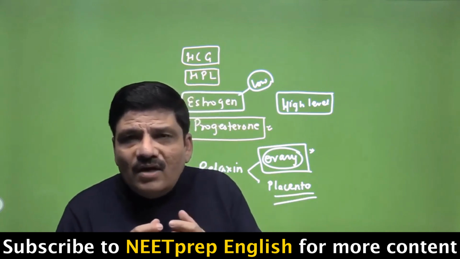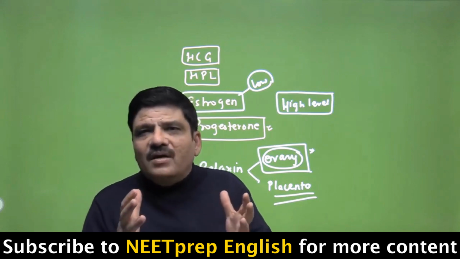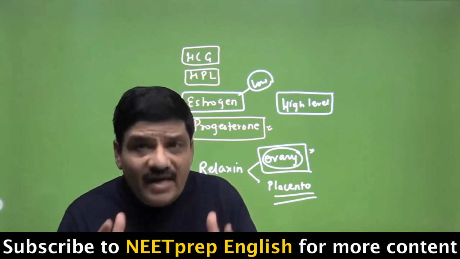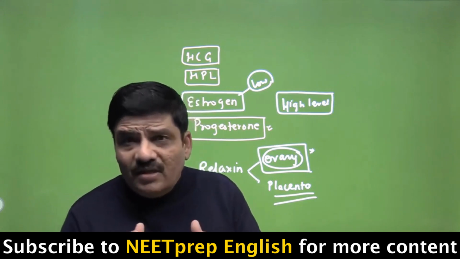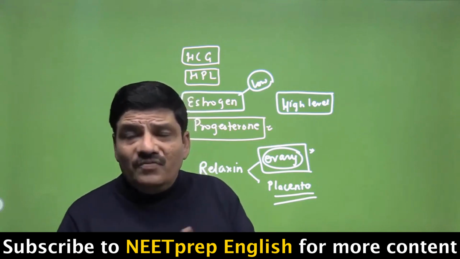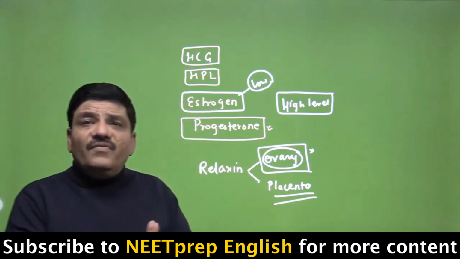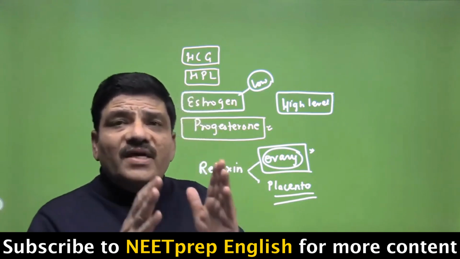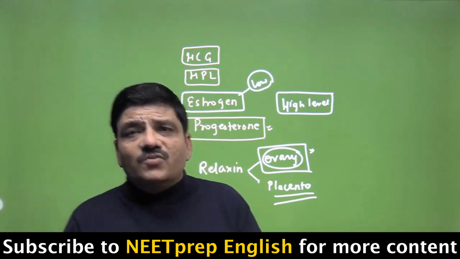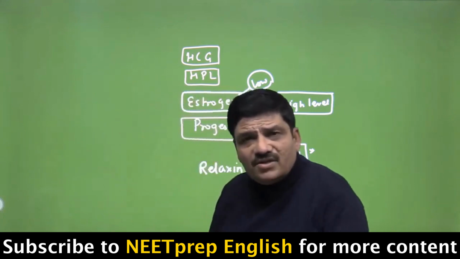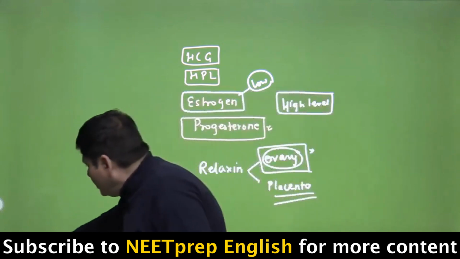And therefore the birth passage becomes more accommodating, and it will facilitate the process of parturition. That would be an important function of relaxin. But please remember, relaxin does have metabolic effects, and it especially affects the cardiovascular system as well. I hope this endocrine function of the placenta is now absolutely clear.